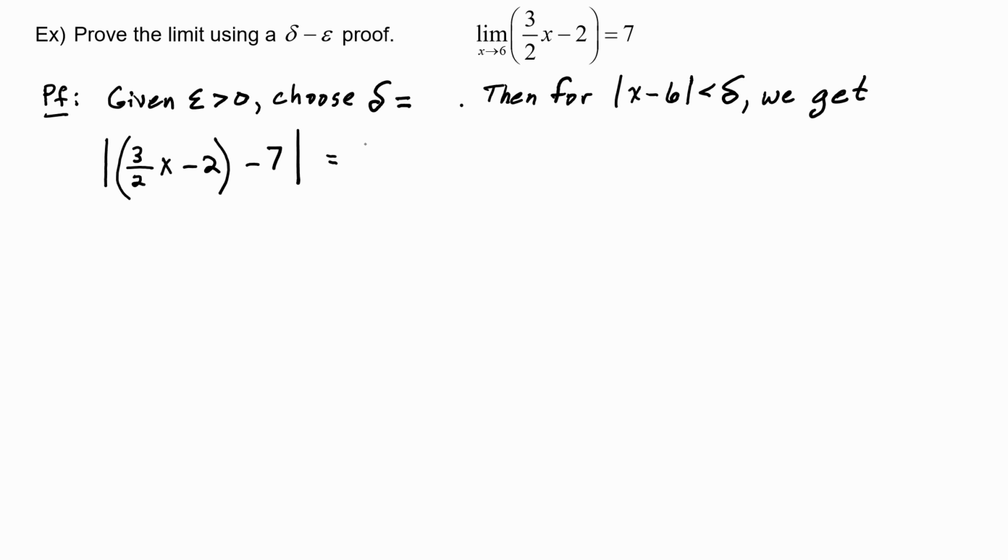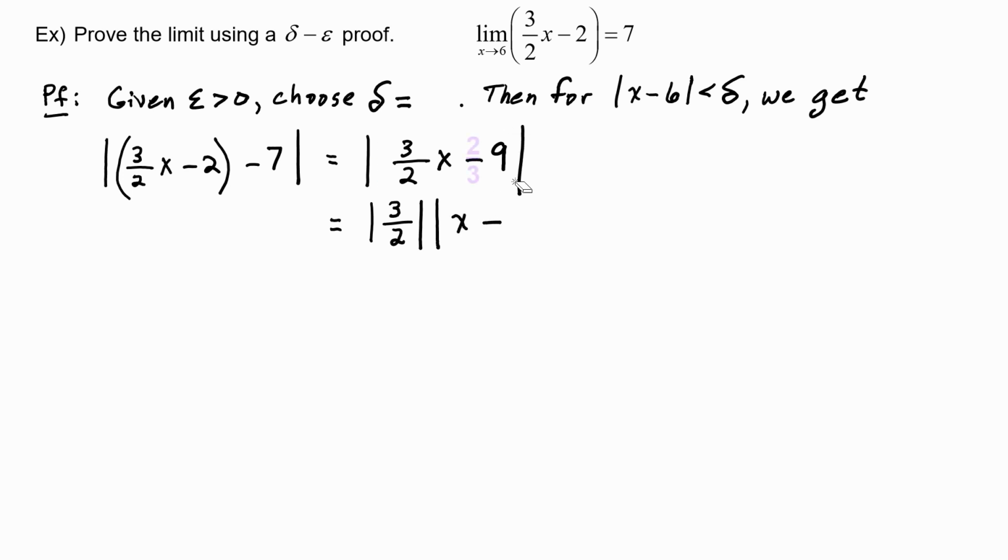We get that this is equal to the absolute value of 3 over 2x minus 9. Now we can factor out an absolute value of 3 over 2. So then think of multiplying each term on the inside by 2 over 3. If we multiply this by 2 over 3, it cancels out and we just get x.